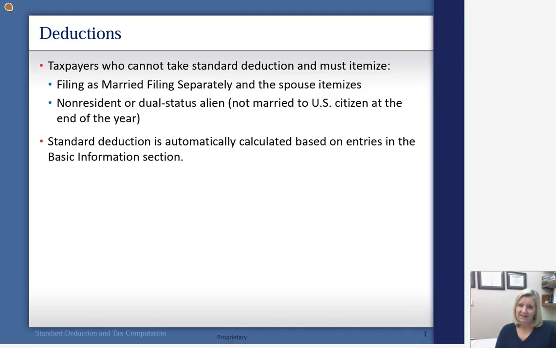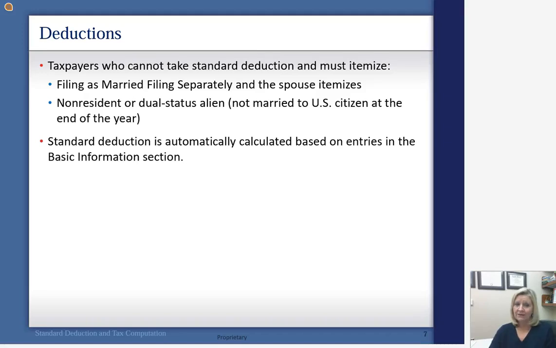Also, non-resident aliens must itemize their deductions. When I do the video for the 1040-NR returns, we'll talk a little bit more about that, but unless they're from India, they do not get a standard deduction. So when you put the information into TaxSlayer, it's automatically going to give them the standard deduction that they're entitled to based on their filing status, their age, and whether or not you've indicated that they are blind.